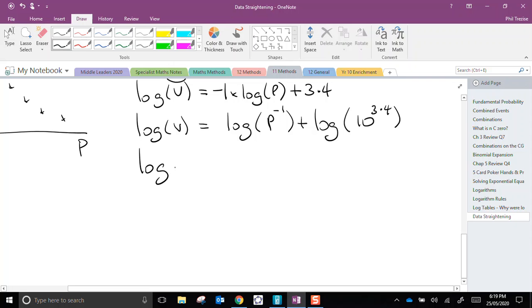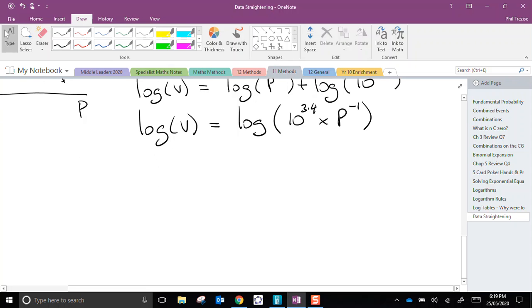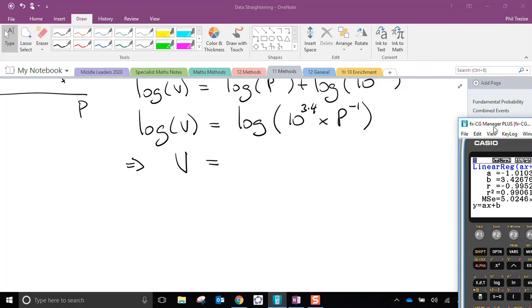Now I've got log V equals log, and if it's addition of logs, it's 10 to the 3.4 multiplied by P to the -1. Clearly, because it's logarithm of both sides now, I can make the conclusion that V equals, now how much is 10 to the 3.4? Let's go and figure that out.